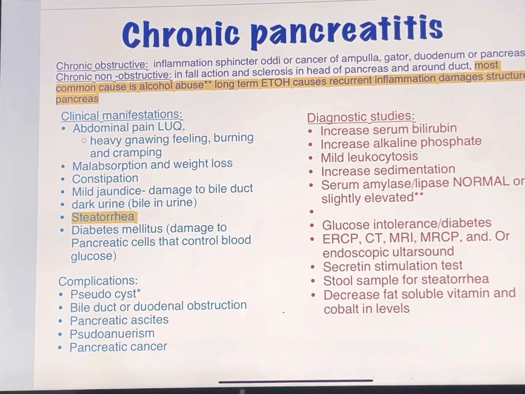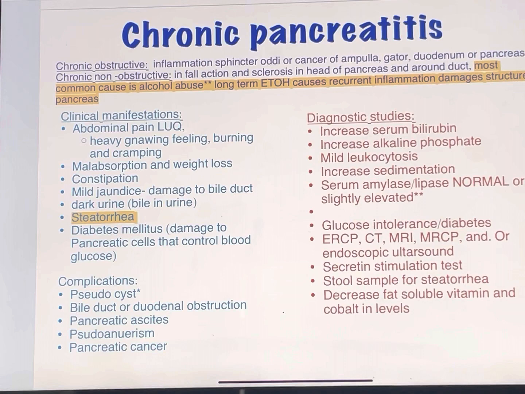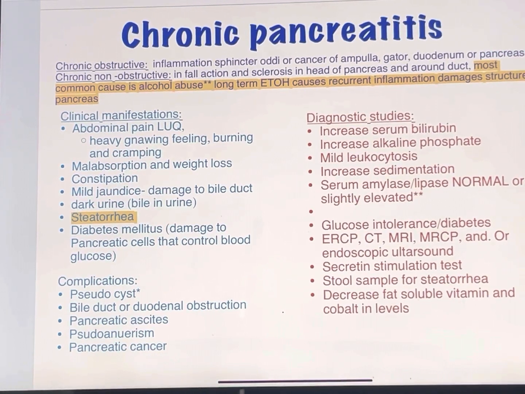With chronic pancreatitis, we will have permanent damage to the structure and function of the pancreas. The clinical manifestations will look similar. The patient will also have pain in the left upper quadrant. It may not be as severe. However, it will feel more like a heavy gnawing feeling or a burning, cramping feeling, typically after alcohol intake and/or eating.